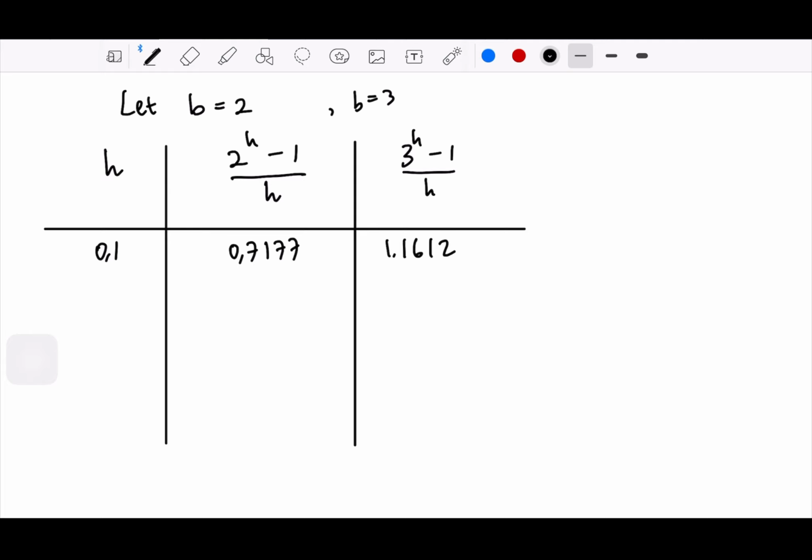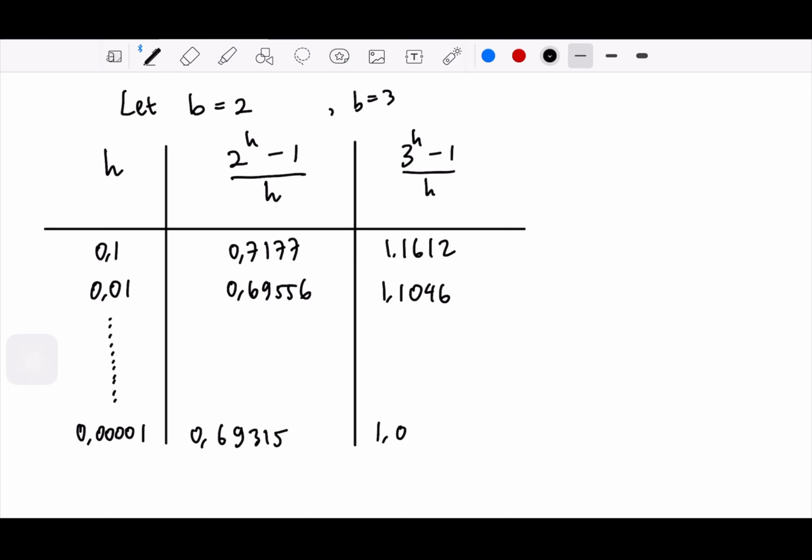And if you make h shorter, more and more, probably until 0.00001, this will turn out to be 0.69315, and this is 1.09862.